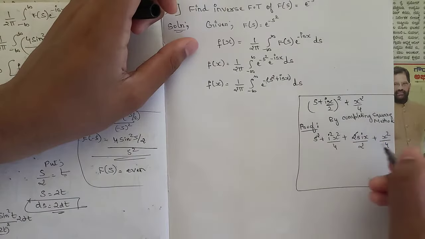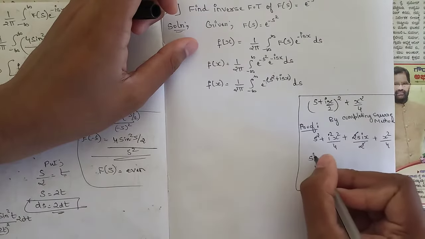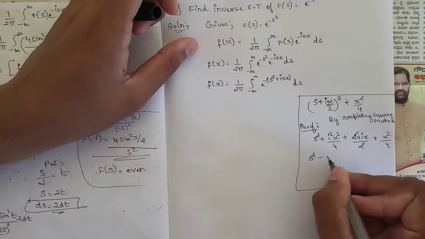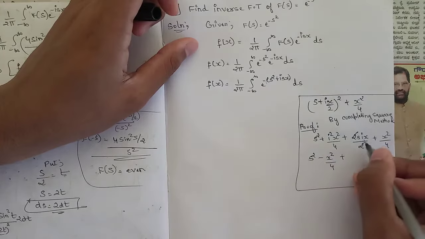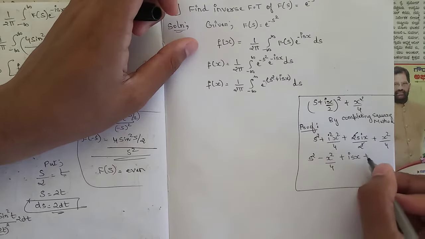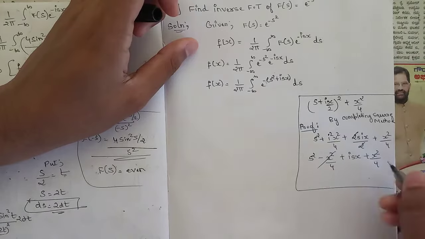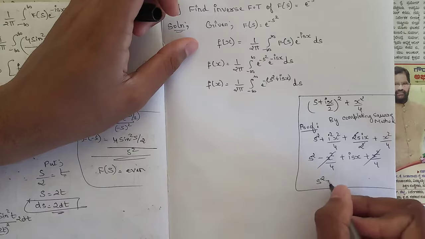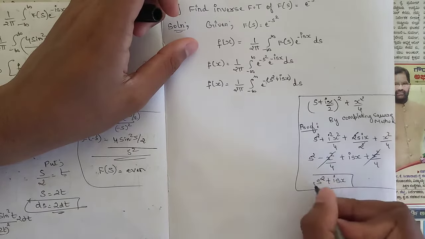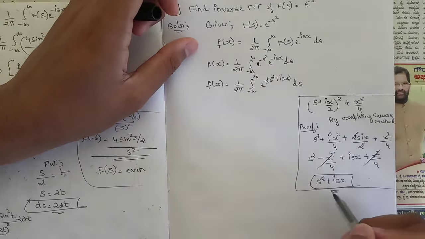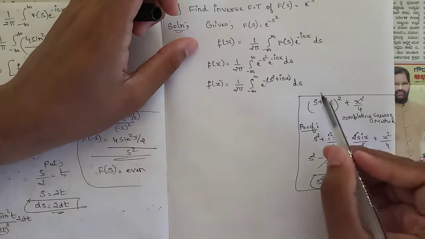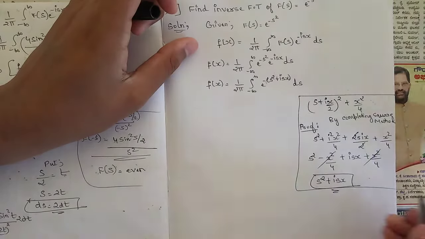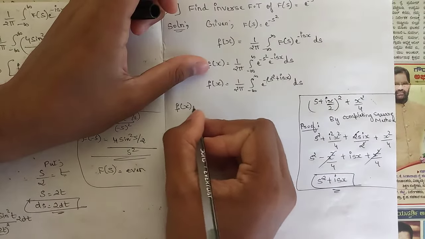Here we can cancel the 2, so the remaining terms are s², and the value of i² is -1, so the sign changes and it becomes -x²/4, plus isx, plus x²/4. Here -x²/4 and +x²/4 cancel, so the remaining term is s² + isx. We've got the same term again. So now we are going to replace whatever is in the bracket, s² + isx, by this term.